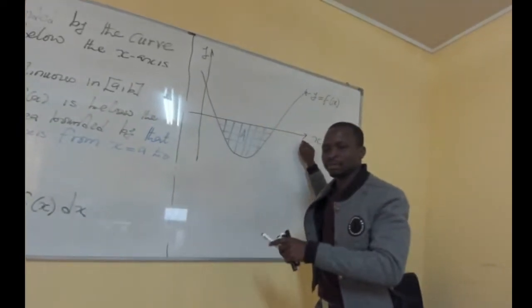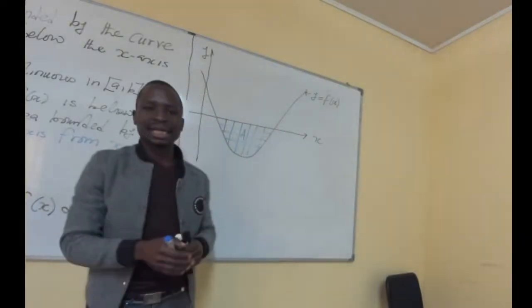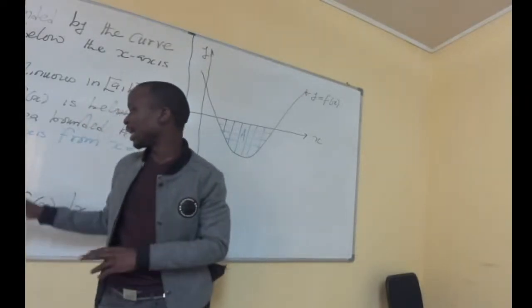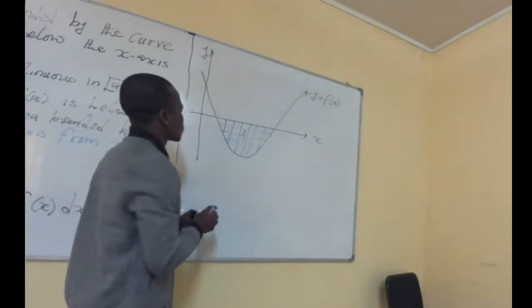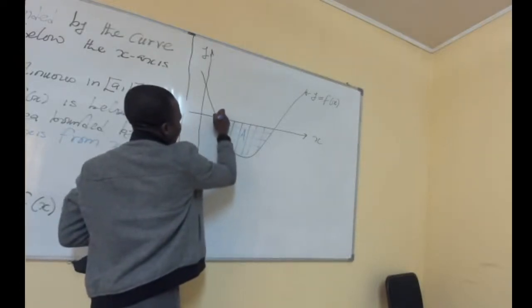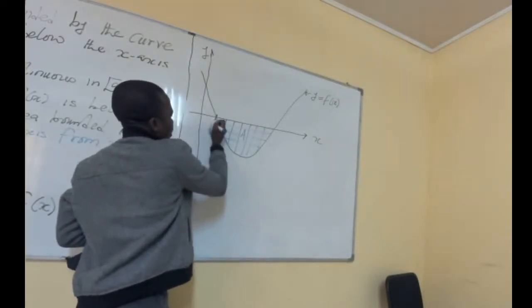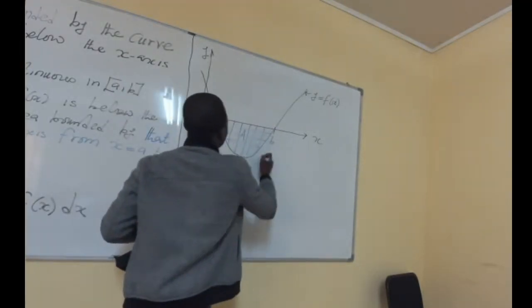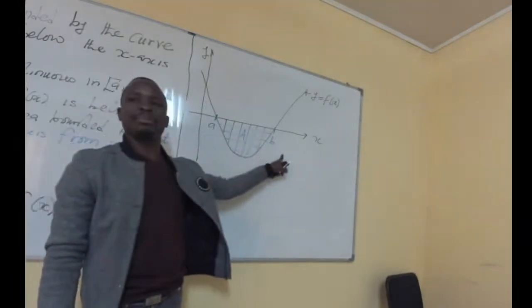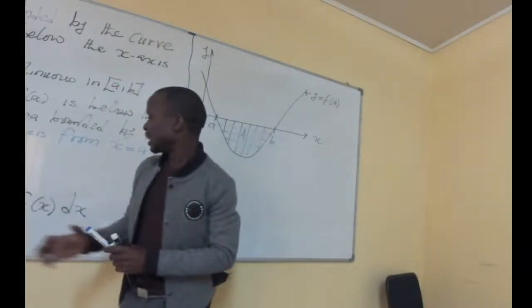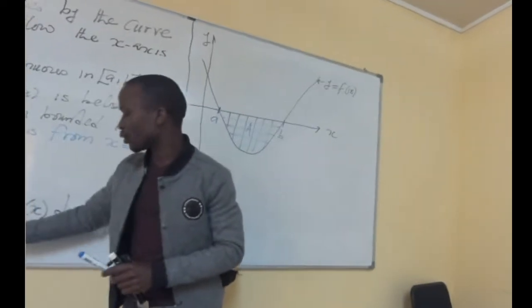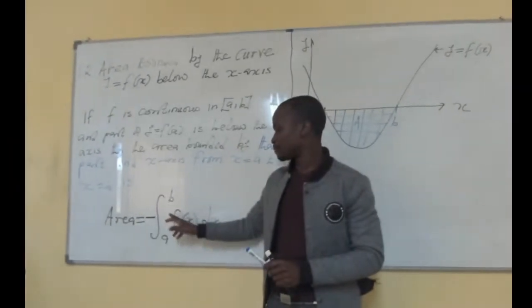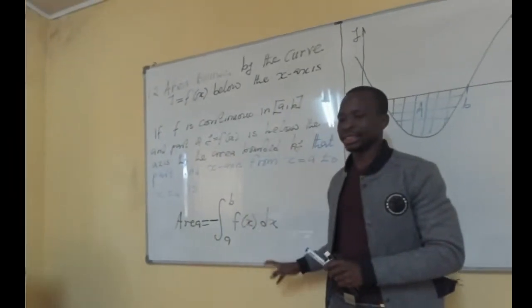So with x equal to A here and x equal to B here, the area from A to B is equal to the negative of the integral from A to B of f of x dx.